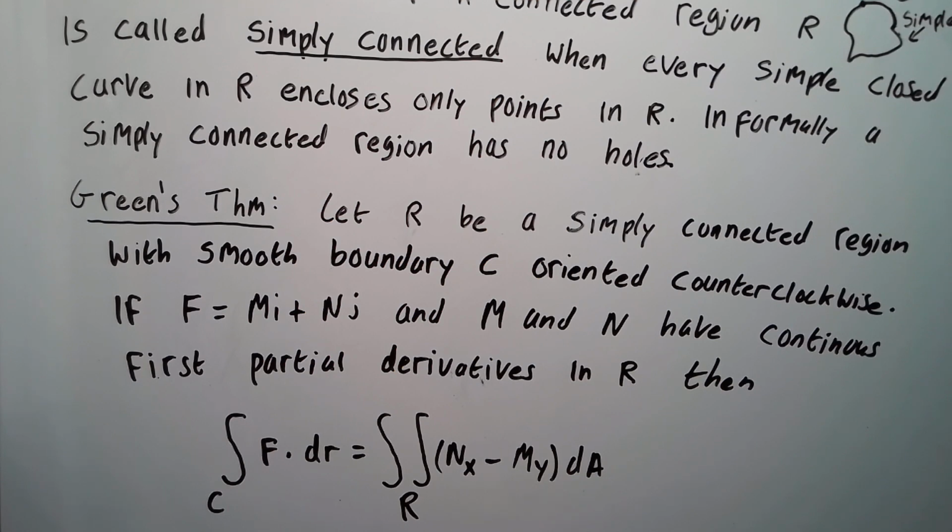If F equals M i plus N j, so that's our vector field in 2 dimensions, there's no k component here, and if M and N have continuous first partial derivatives in R, then the line integral over the boundary of F equals the double integral over the region of the partial of N with respect to x minus the partial of M with respect to y dA.